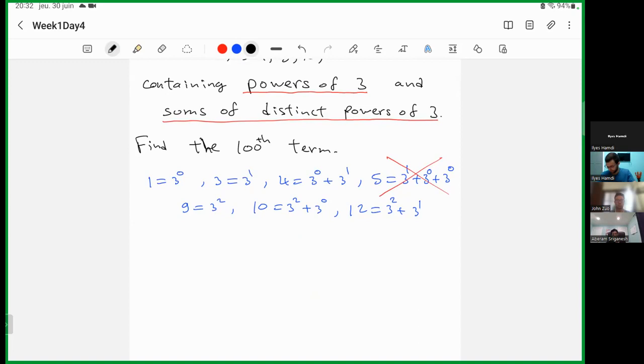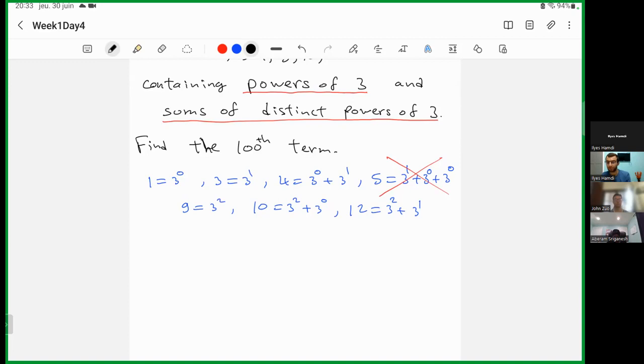That's the question. Because saying powers of 3 and sums of distinct powers of 3 is horrible. This is very hard to understand. This is a very long definition. I would like to translate it to some simple definition.